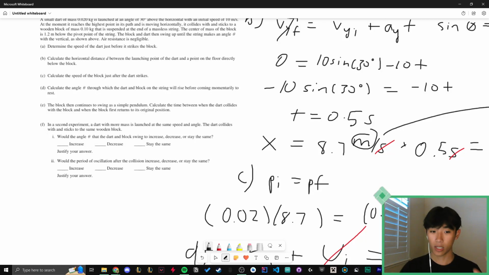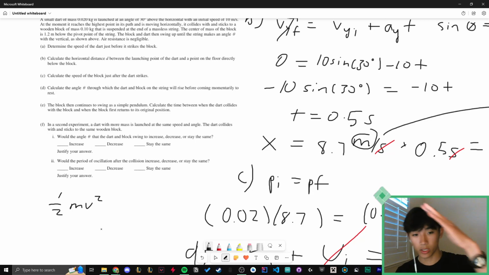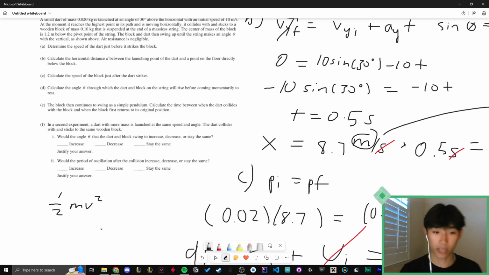Well, this means that the dart is going to have more kinetic energy, because kinetic energy is 1/2 mv squared and includes mass. So more mass is more kinetic energy. So it's going to hit the block and swing farther because it has more energy to transfer into it. So it should go to a higher height.